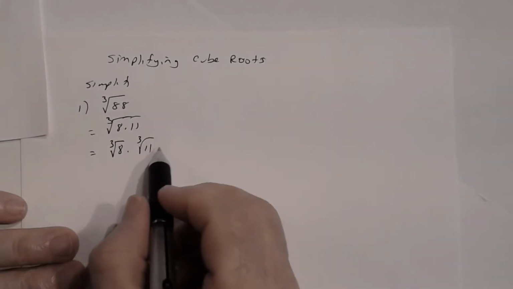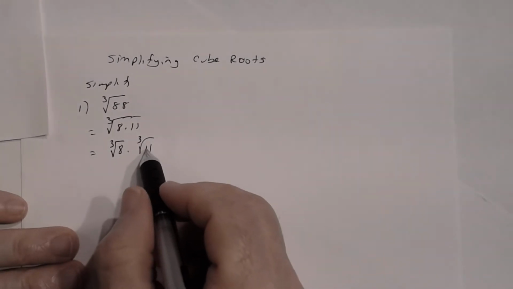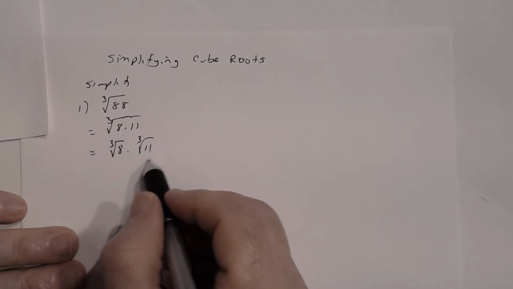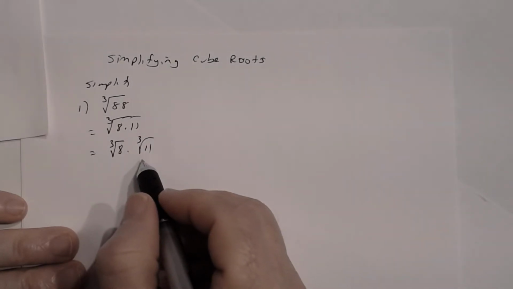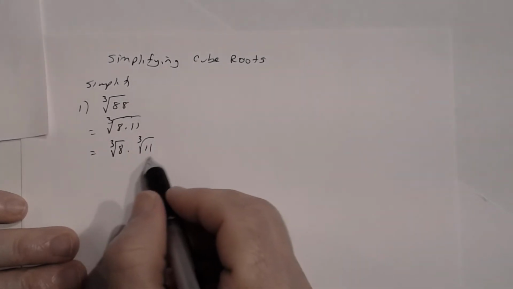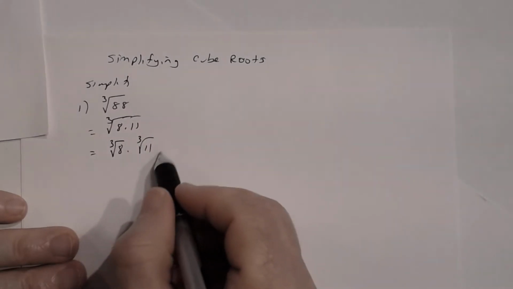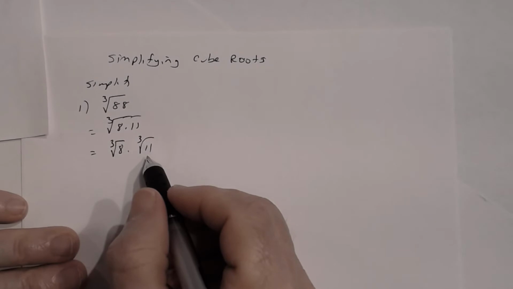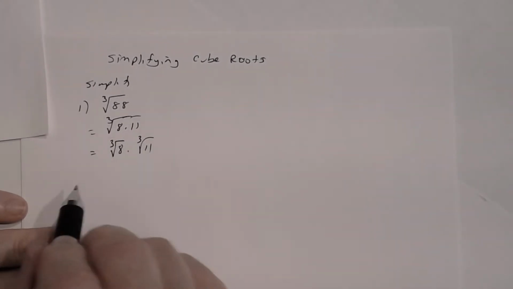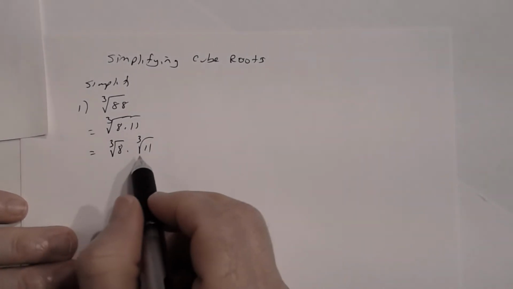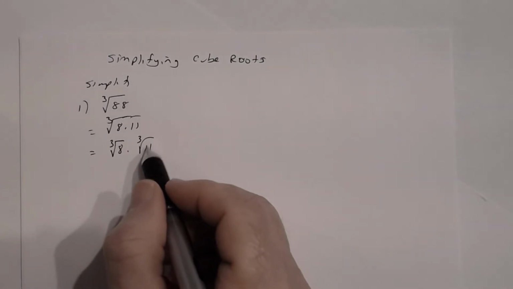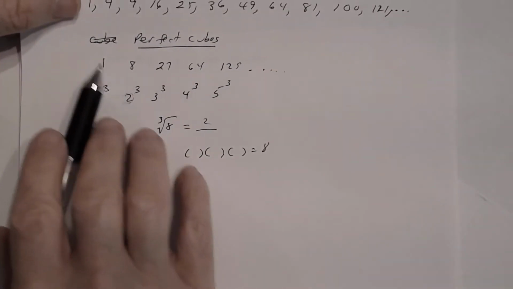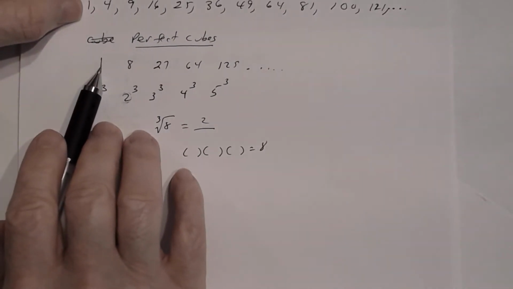And so remember, just like with square roots, the radical, in this case the cube root, cannot be simplified further if the only factor that goes into the radicand is 1. If the only perfect cube that goes into the radicand is 1. All right, so notice that for 11, 1 is the only perfect cube that goes into 11.